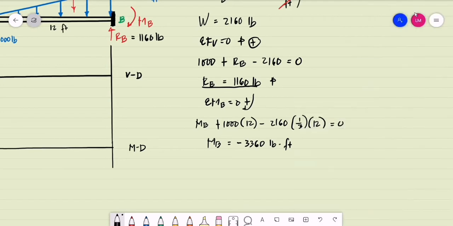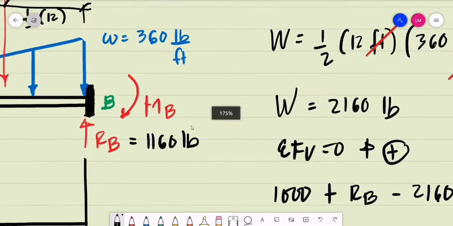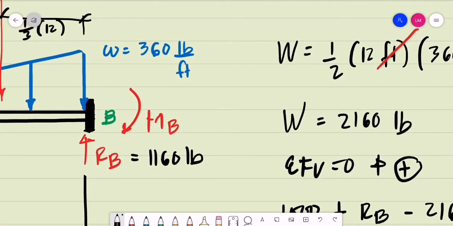So we arrive with a negative sign, which means our assumed direction for the moment at B is wrong. It is not clockwise. The moment reaction at B should be counterclockwise, since we arrive with a negative sign.